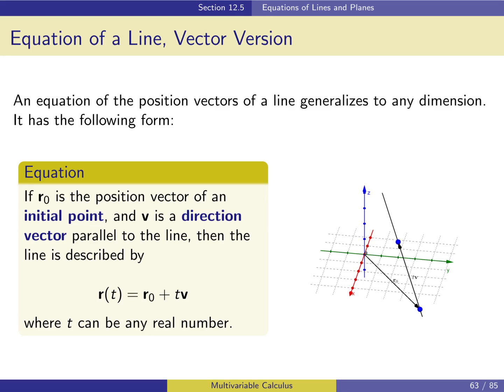And then the formula, which should look like a generalization of exactly what we just found, is r(t) = r0 + tv. So this is <3, 2> plus t times our direction vector <2, -1>. r(t) is our variable. It's our <x, y>. t, again, can be any real number.